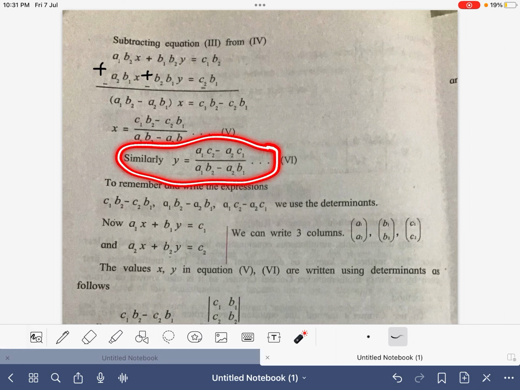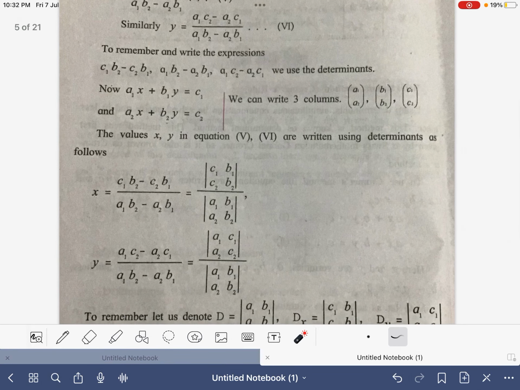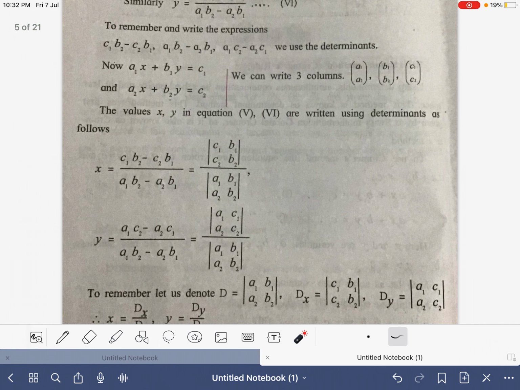So whatever method I just told you, we have to go through this method, and by solving this you will get the answer: y is equal to a1 c2 minus a2 c1 divided by a1 b2 minus a2 b1. Okay. Now, this is the value of x and this is the value of y.